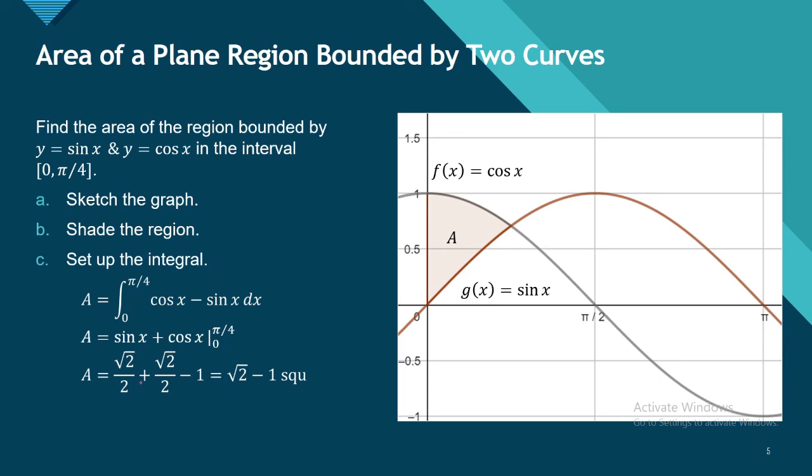Now, sine of pi over 4 is square root of 2 over 2, plus cosine of pi over 4 is also square root of 2 over 2. Now, minus sine of 0 is 0, minus cosine of 0 is 1, and this is equal to square root of 2 minus 1 square units.